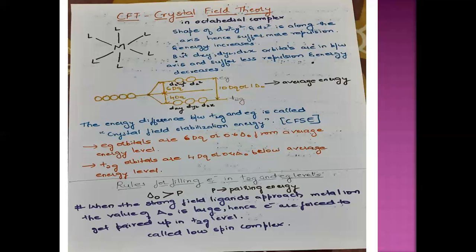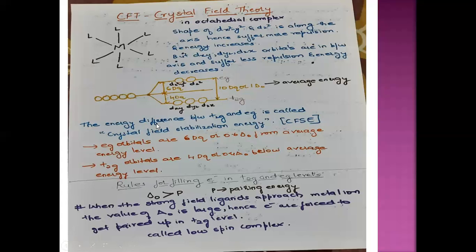First, in case of strong ligands, what happens? When the strong ligands approach the central metal atom, the difference in energy, delta naught, is much greater than the pairing energy. Since it is much greater than the pairing energy, what happens?